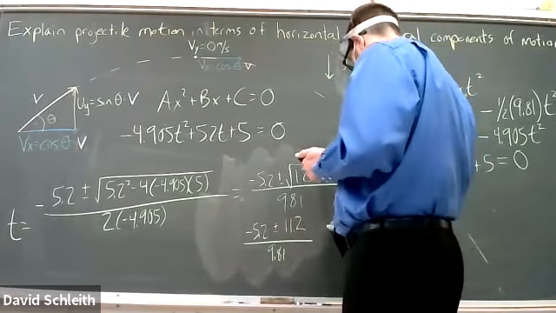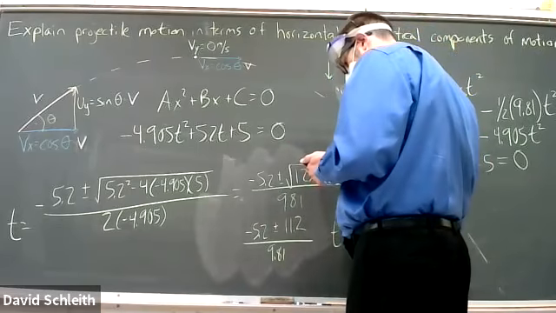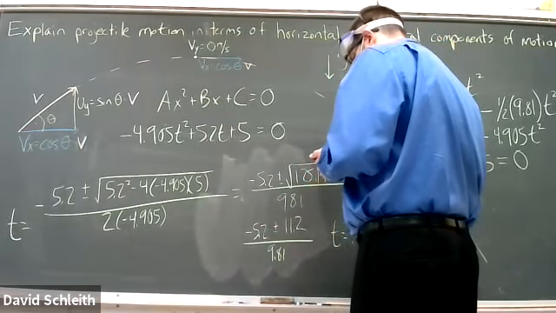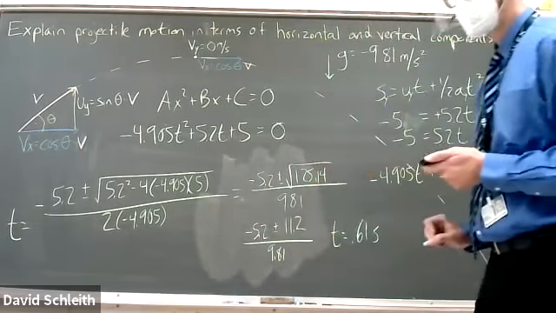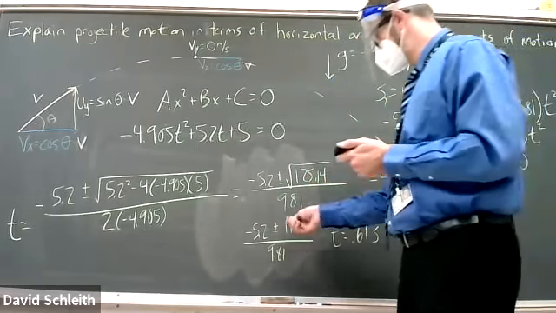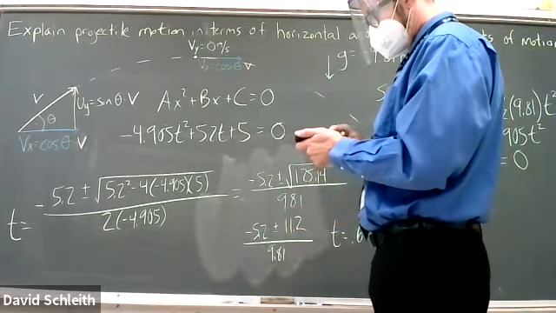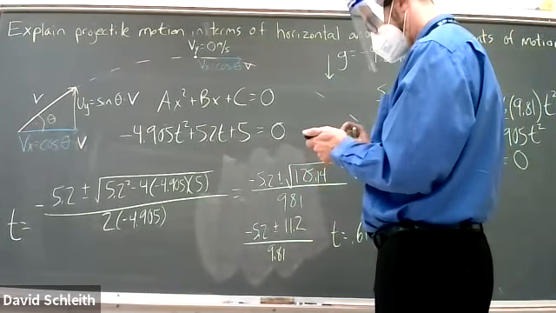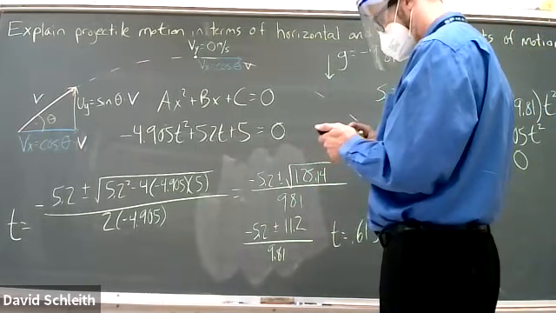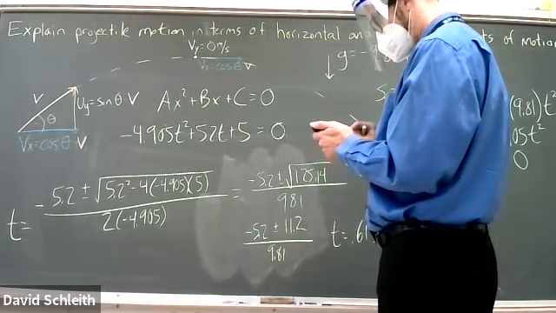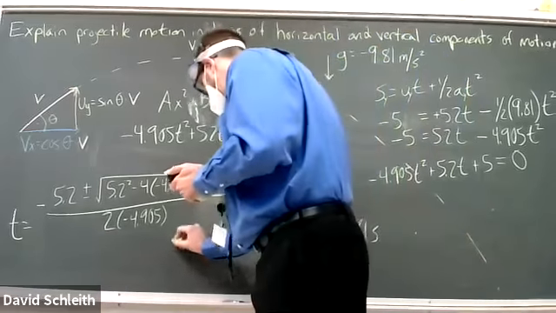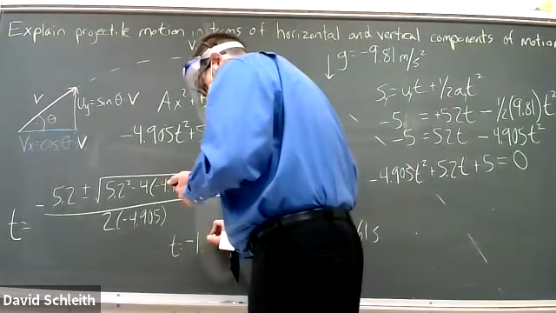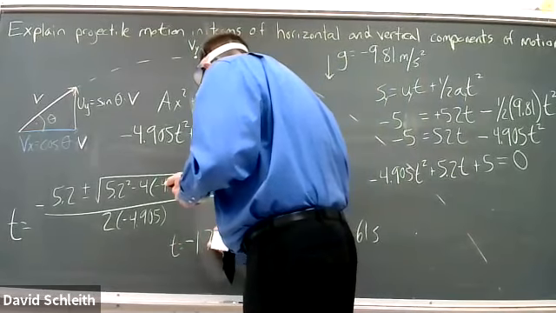So I get one solution that says t should be equal to 0.61 seconds, okay? But I get another solution that says negative 5.2 minus 11.2. That's negative 16.4 divided by 9.81. And I get one solution that suggests that the time might be negative 1.7 seconds.